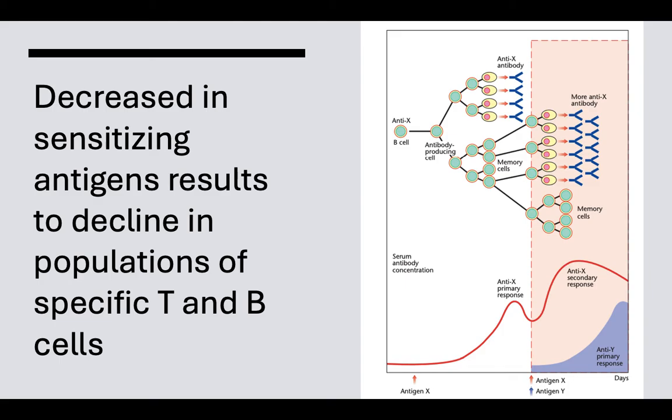All right. So now we're leading to the final stages of the primary immune response, where you expect the clearance of the foreign antigen, and the clearance of the microbial cell, of the colonizing cell, will be the end goal. No? The decrease in sensitizing antigen will result in a decrease in the population of the specific lymphocytes, both T and B lymphocytes.